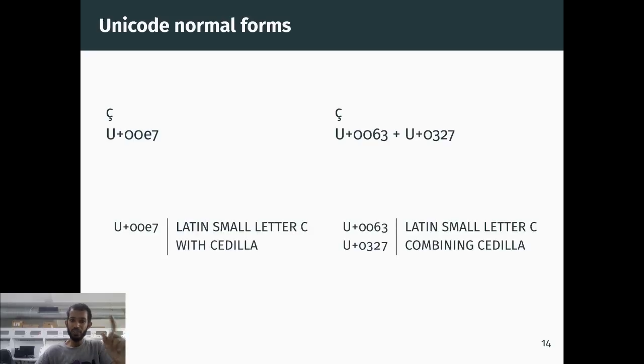The first one consists of just 1 code point, whereas the second one consists of 2 code points, because a combining code point is being used. These are both the same character, C with a cedilla, but they are formed in different ways. So we need to consider them as the same. For that, we do normalization. After normalization, they are converted to a form which is one and the same. That's why this is happening.